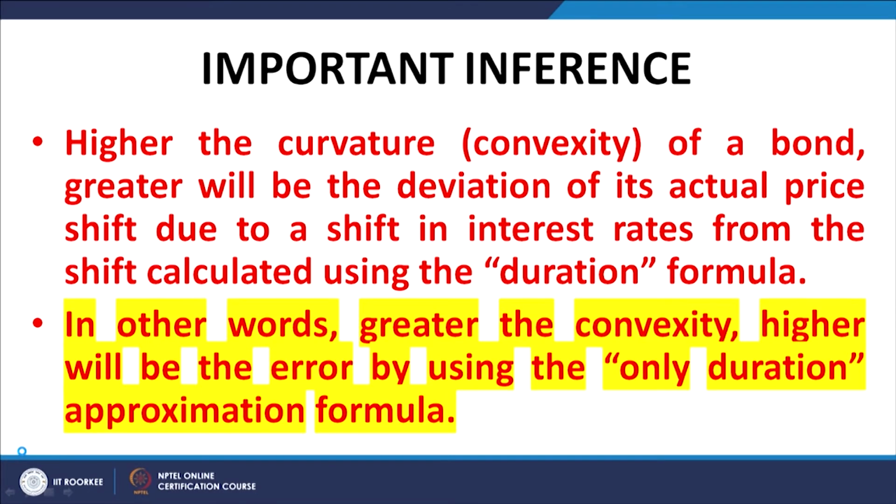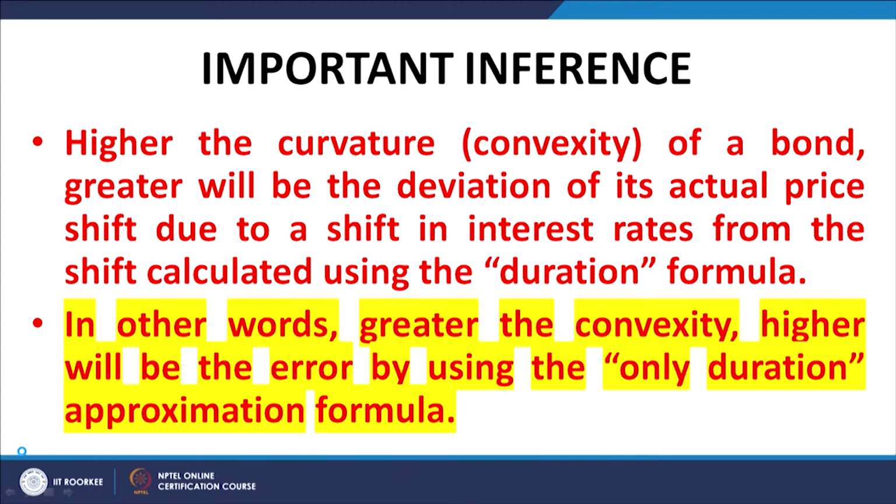You see, the point is duration assumes a straight line approximation, and we know for certain that the yield price curve is convex, the yield price curve has a curvature. So, when we approximate the curve by a straight line in the neighborhood of the point at which we are calculating the percentage price change, or the price change as the case may be, the important point is that we are approximating it by a straight line.